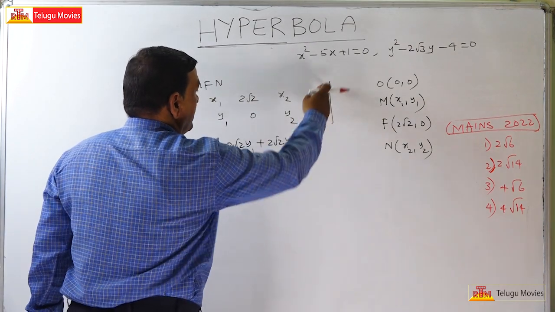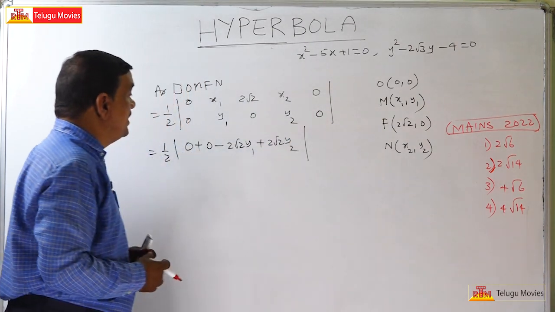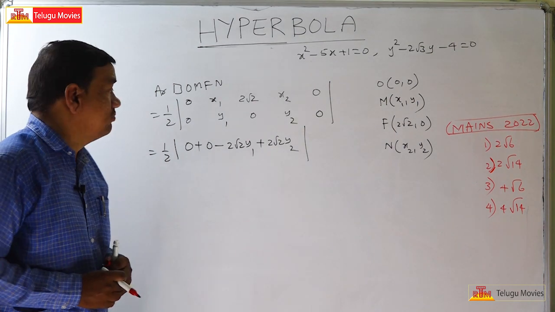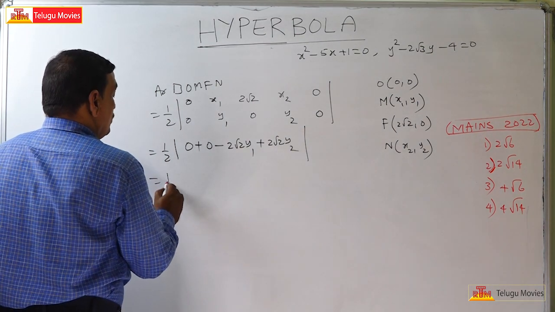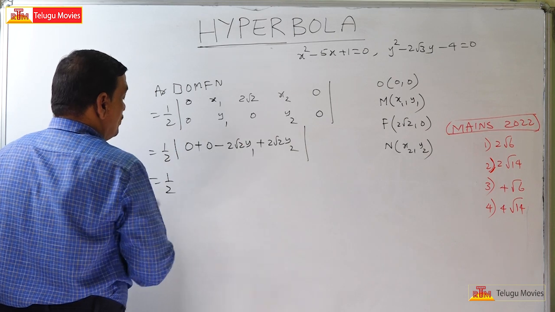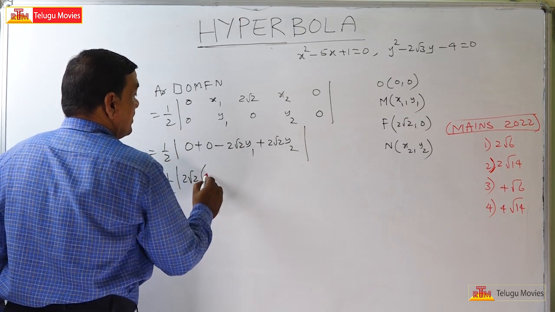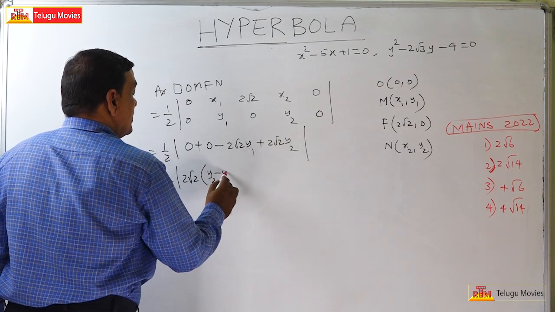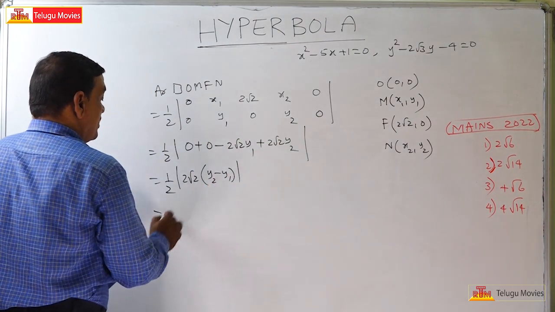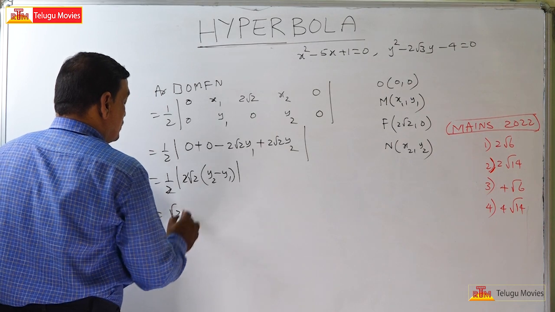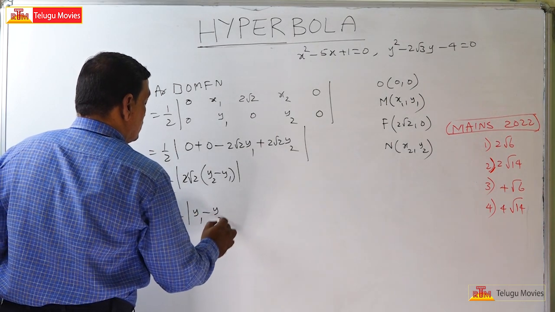And cross multiplication 0. So luckily here all the x1, x2 terms get 0. So this is equal to 1 by 2. Here you can take 2 root 2 common outside, so you will get modulus of y2 minus y1. Here the 2 will also get cancelled. So this is equal to root 2 times modulus of y1 minus y2.